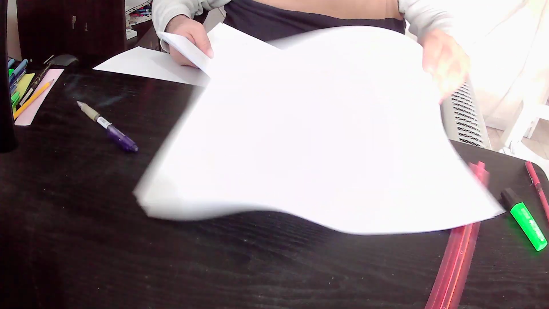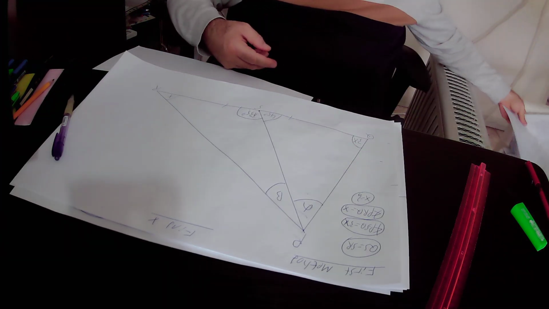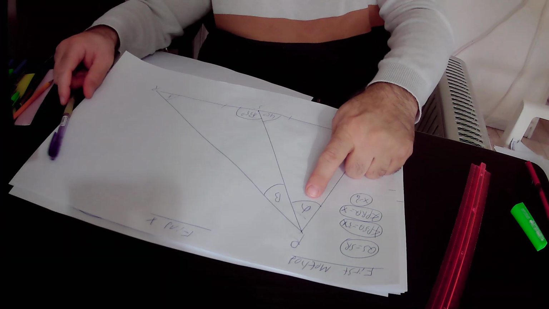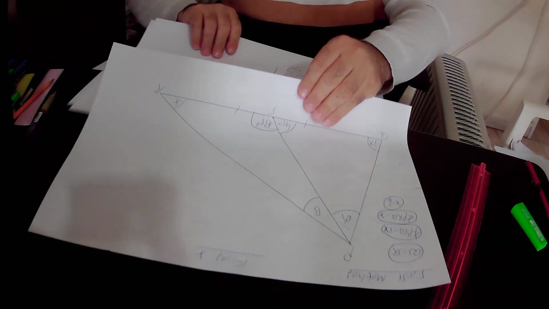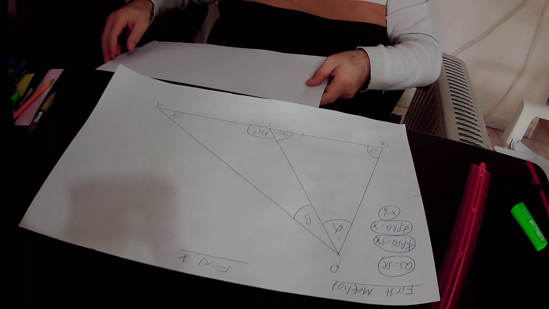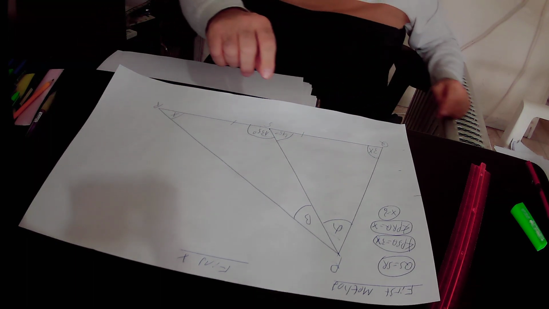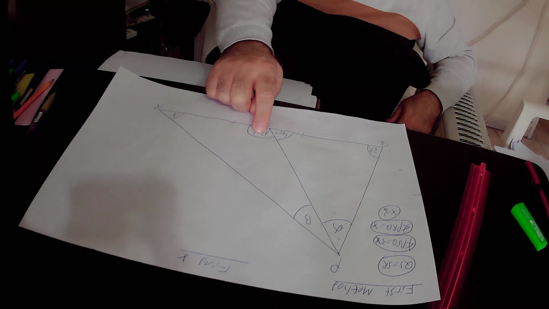Okay, so actually we wanted to find out the value of angle x, and we found it using two different methods. In the first method, we defined this angle as alpha, this angle as beta, and this angle that is unknown, we defined as y.